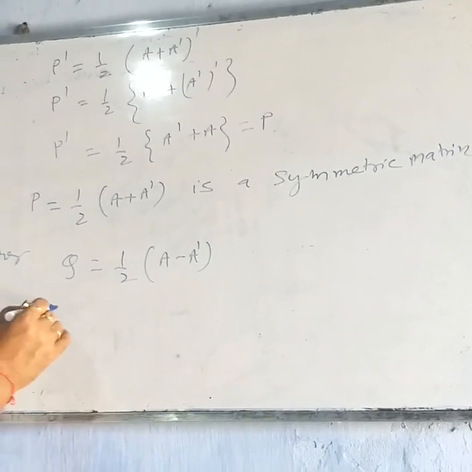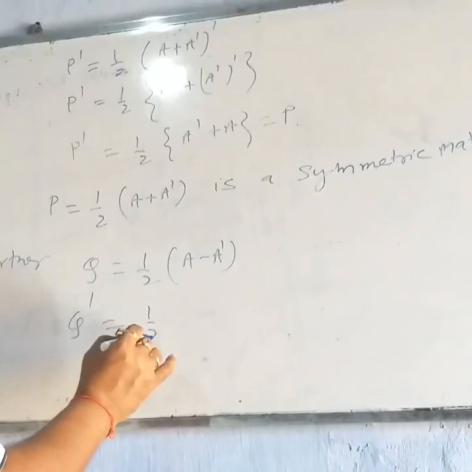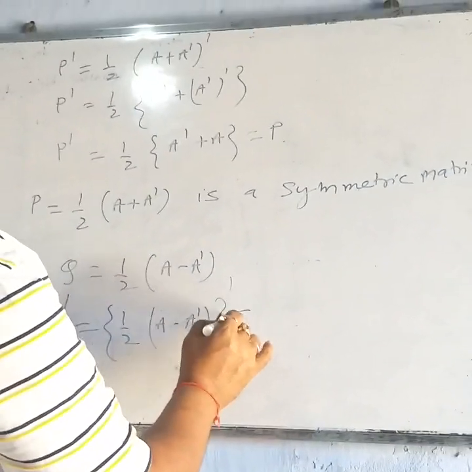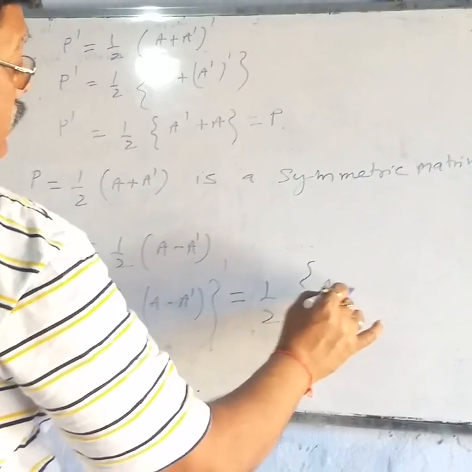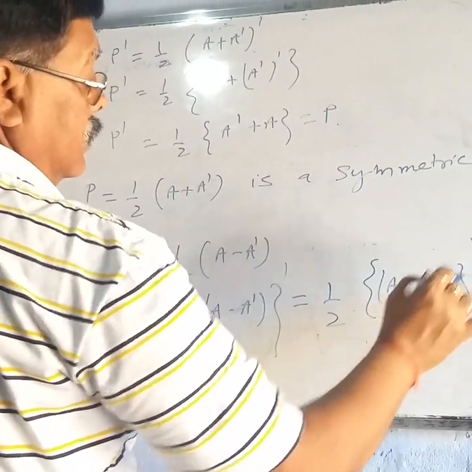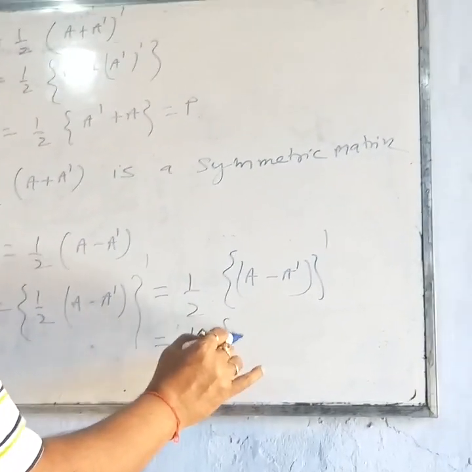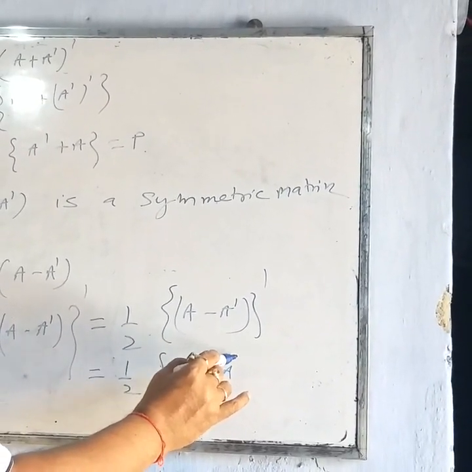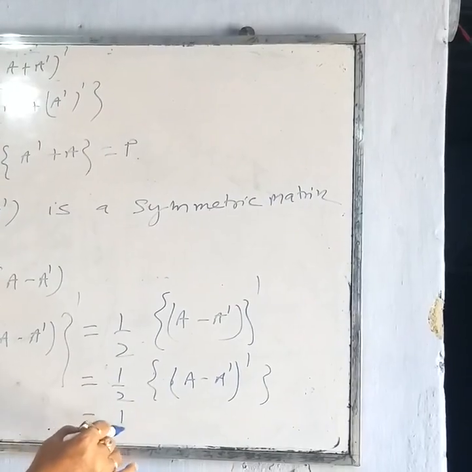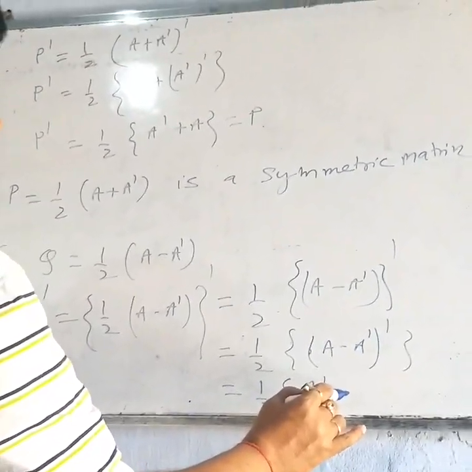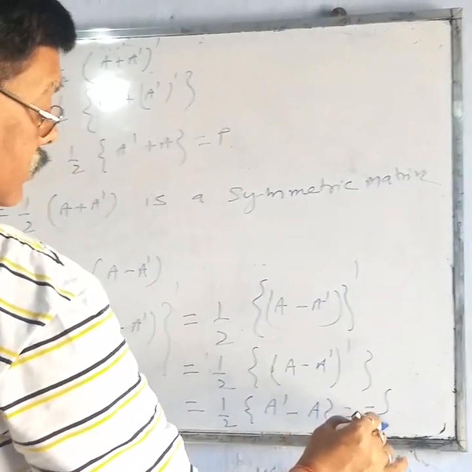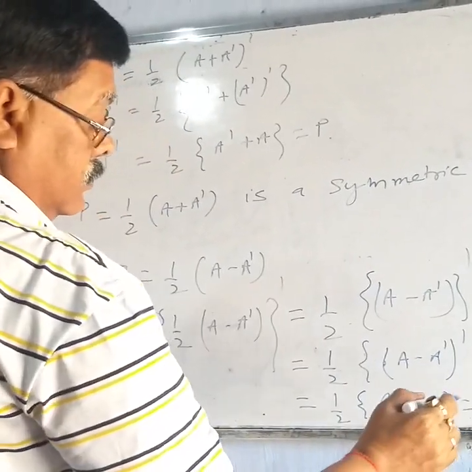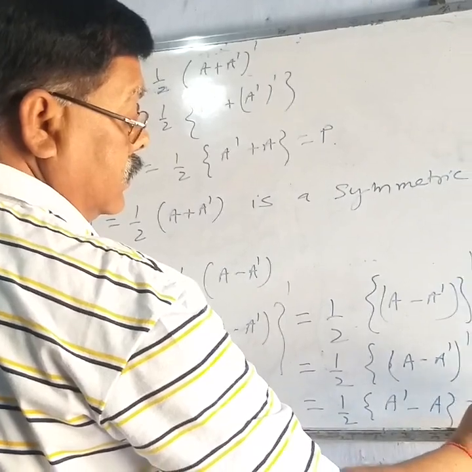This is Q. Take Q transpose, 1 by 2, A minus A transpose, whole transpose, then 1 by 2, A transpose minus A. Taking minus common, minus 1 by 2, A minus A transpose.